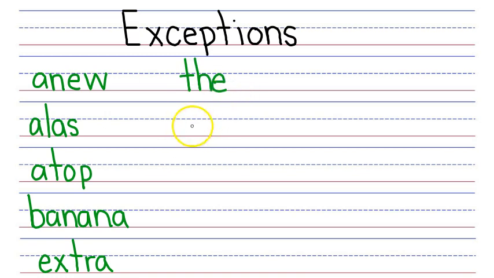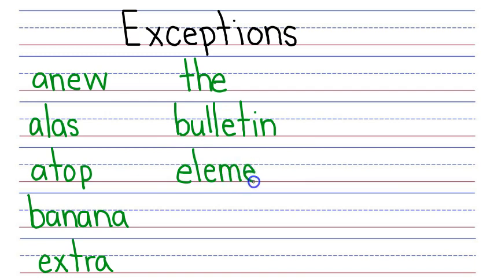Next word, bulletin. Bulletin is spelled B-U-L-L-E-T-I-N. Next word, element. Element is spelled E-L-E-M-E-N-T.